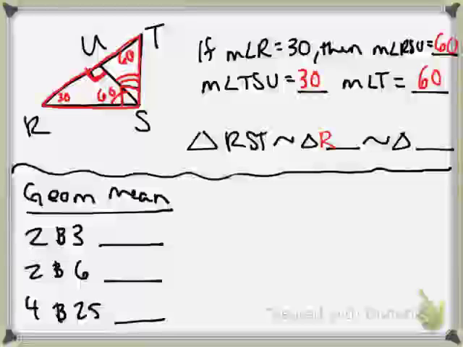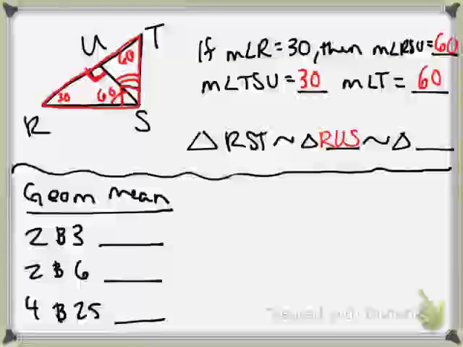In the whole big triangle, how big is the angle at S? The whole triangle. 90. So which angle in the bottom triangle is 90? The one by U. And then since we're naming the bottom triangle, what other letter do I need? S. Now let's name the top triangle. Again, I'm going to compare to the whole big triangle.